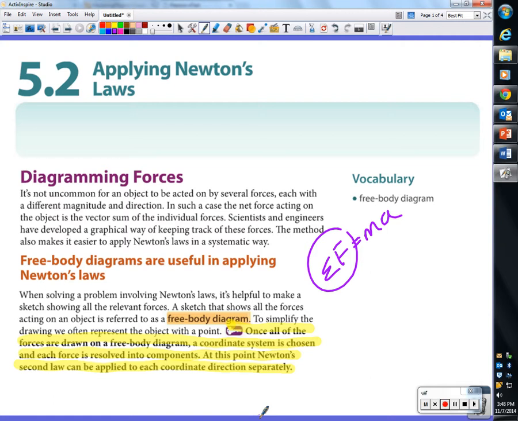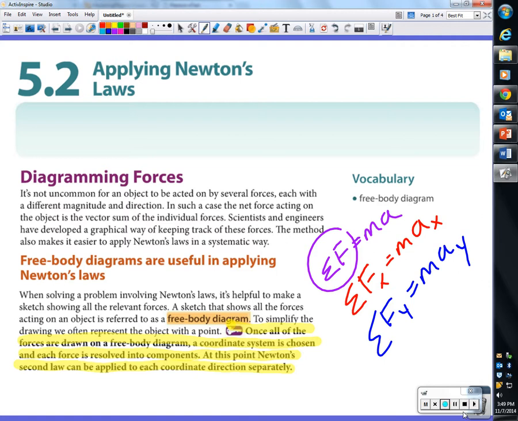What that key point is telling you is that when we go in multiple dimensions, we can analyze the net force only on the x-axis if we need to. And we can also analyze the net force only on the y-axis, like we talked about in the last chapter with projectile motion.